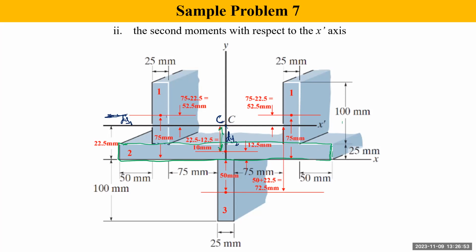But it says from the x-axis down to segment 2 is 22.5. What it's really saying is that from the x-axis up to this point here is 22.5. This is where your centroidal axis lies, which is x prime.